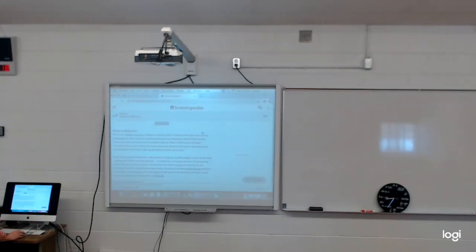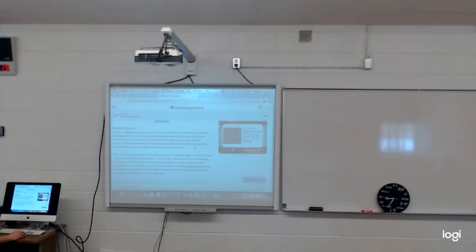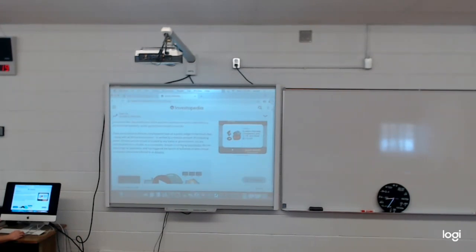Bitcoin is a digital currency created in January 2009 and follows the ideas set out in a white paper by the mysterious and pseudonymous developer, Satoshi Nakamoto. But they haven't verified it. Bitcoin offers the promise of lower transaction fees than traditional online payment mechanisms and is operated by a decentralized authority unlike government-issued currencies.